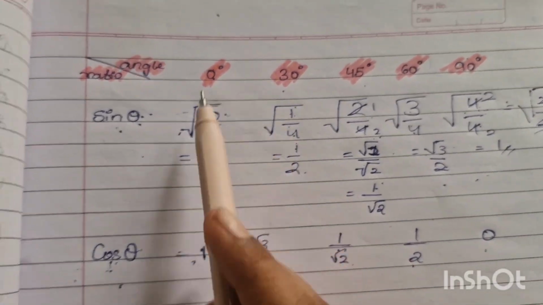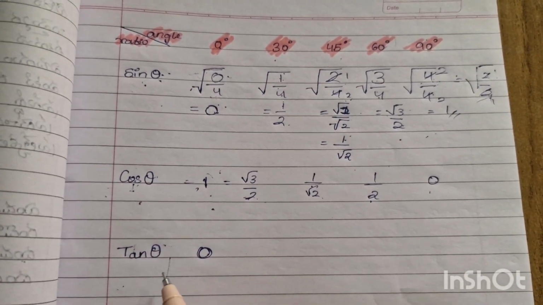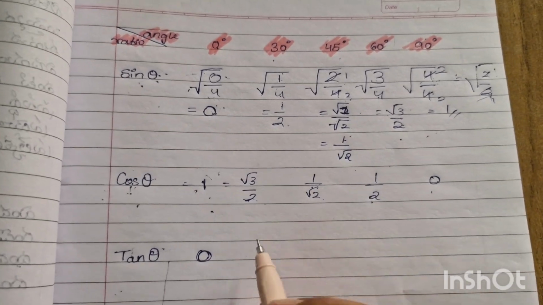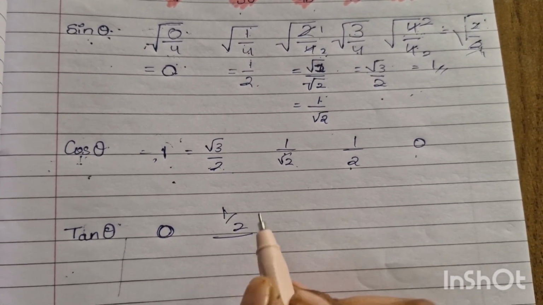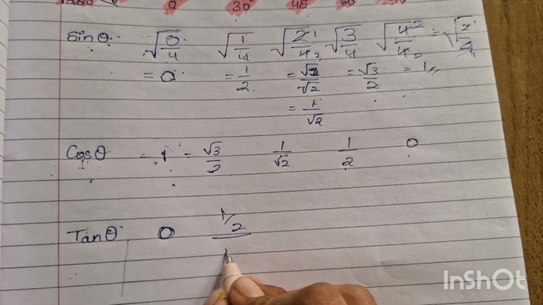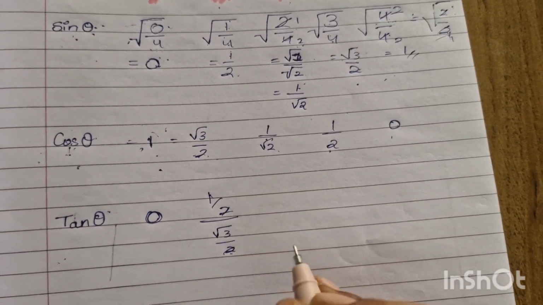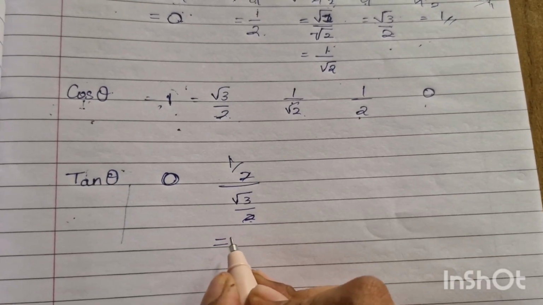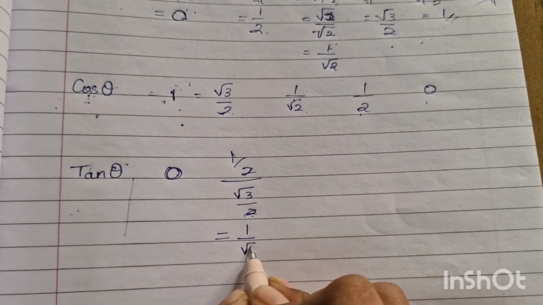Next, tan 30. Let us find out the value of tan 30. It is 1 by 2 divided by root 3 by 2. Here the 2s get cancelled. So the value of tan 30 is 1 by root 3.